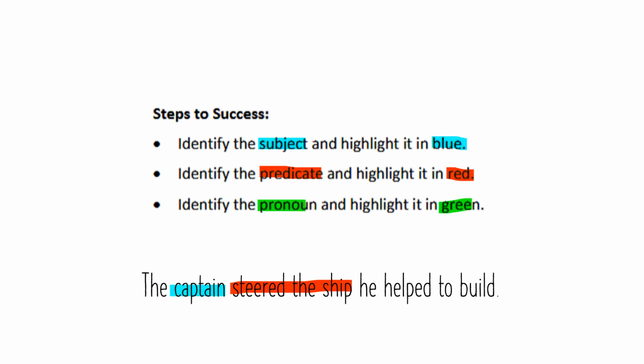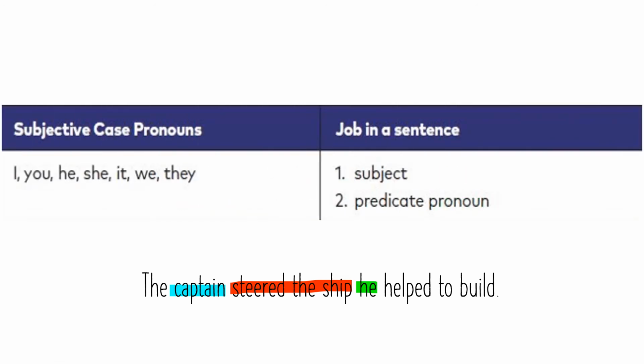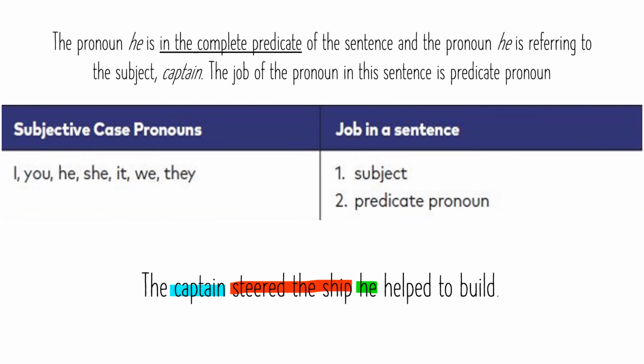Next, we're going to identify our pronoun and highlight it in green. Our pronoun in this sentence is he. So now we are going to go through the process of double checking and seeing if that pronoun is correct. So our pronoun is in the predicate of our sentence, and it is referring to the subject captain.